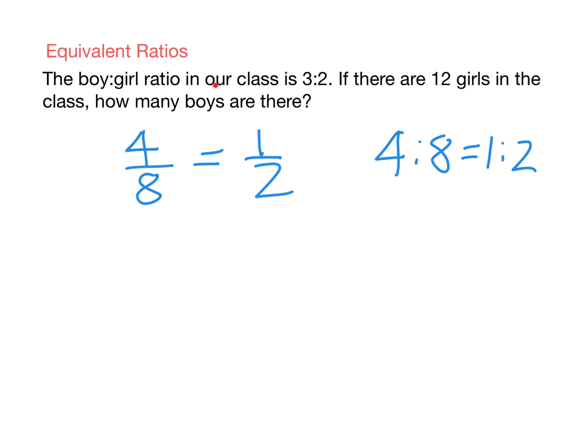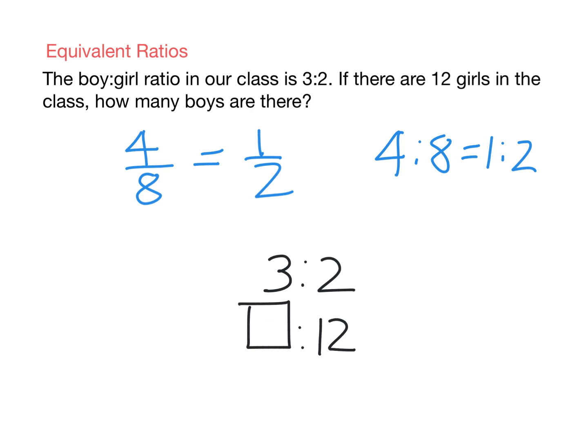So the boy-girl ratio in our class is 3 to 2. If there are 12 girls in the class, how many boys are there? So boy to girl ratio is 3 to 2. Because we said boy first, that means this number represents boys, this number represents girls. Now we're told that there are 12 girls in the class. Essentially, what we're doing is finding an equivalent ratio. What number goes there?